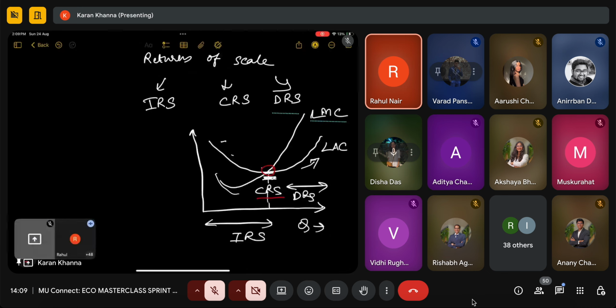It means that from here till here, the efficiency is high. At this point, the efficiency is maximum, and after that, the efficiency decreases. That's the reason the cost curve goes up, which means that हमारा ज़्यादा खर्चा हो रहा है to produce that many units of output. Clear?